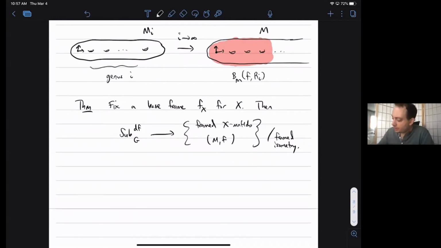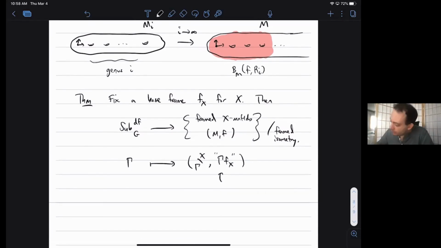What's this map? If I have gamma, then I can map that to the pair X mod gamma, just the quotient manifold, and then I'll write the frame as gamma fx. Whatever, this is just like you take the base frame for H2 and then you project it to the quotient manifold. So this is the projection of fx to the quotient.